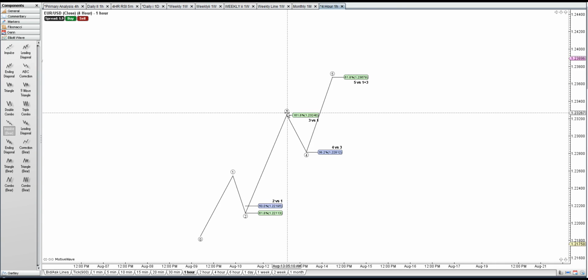Okay, so this is 61.8% of this entire move here, from the low to the high of wave 3.